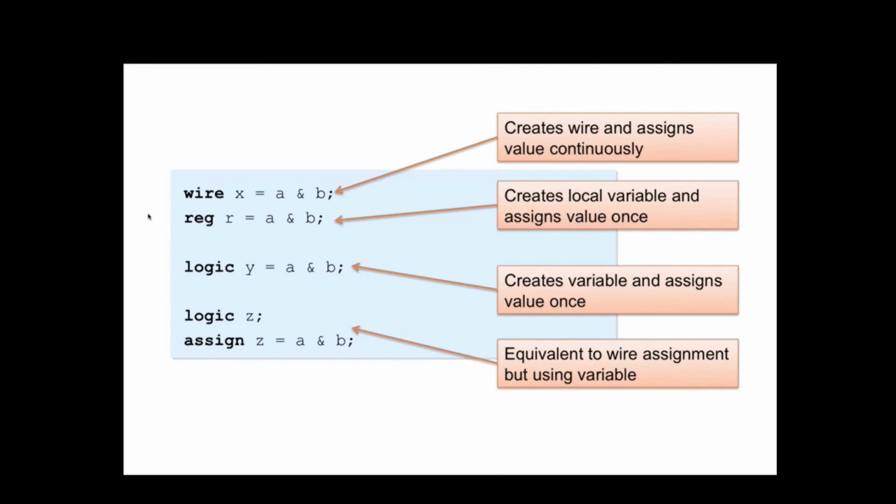The logic type, as opposed to the reg type, can be assigned to one time, so you can do a point-to-point connection. You can even do a connection across component instantiations, which was not the case in Verilog. In Verilog, you had to use a wire.